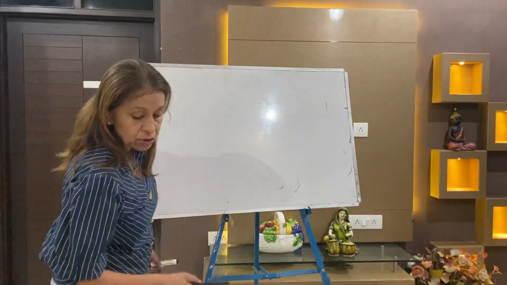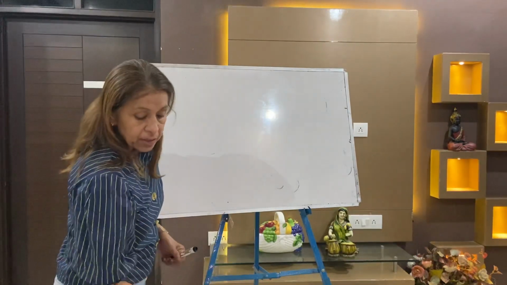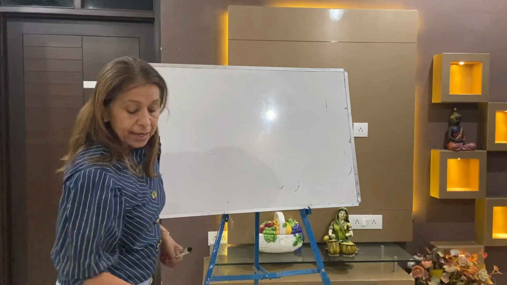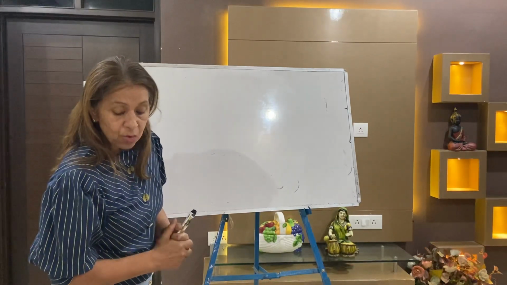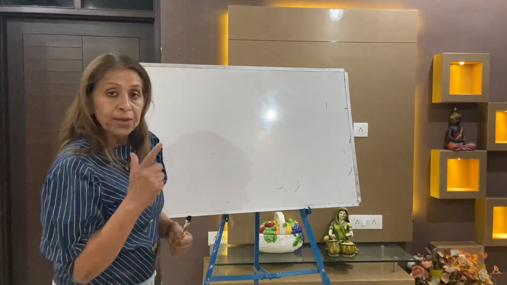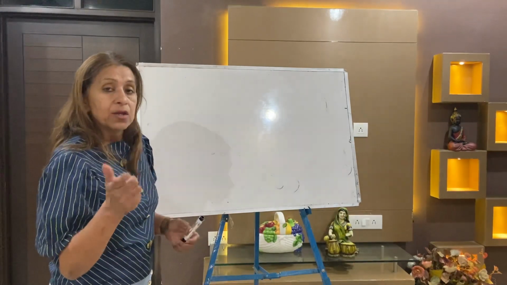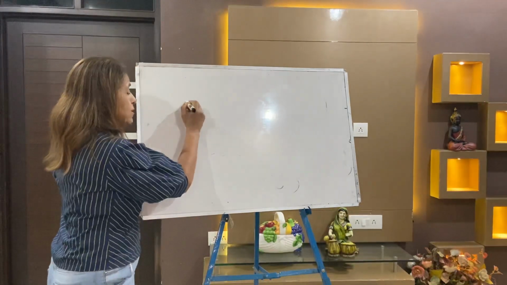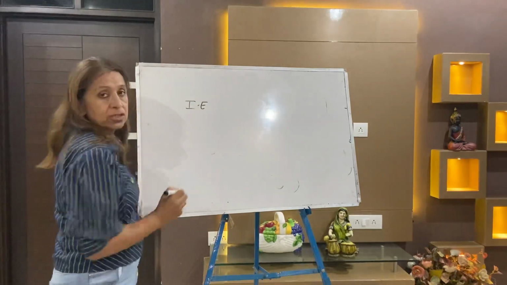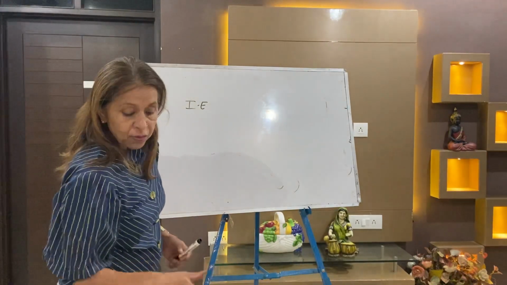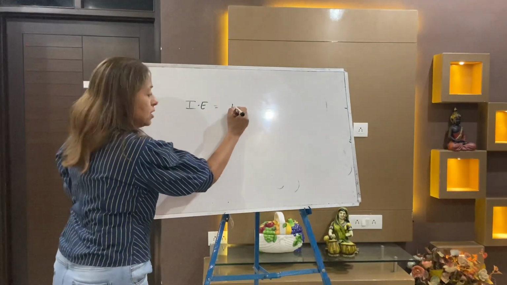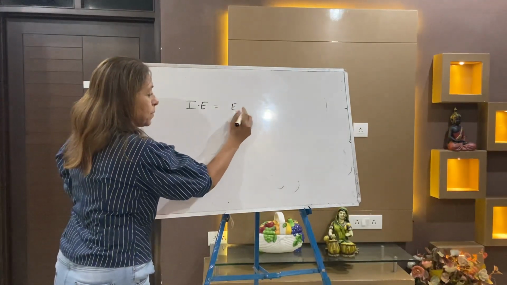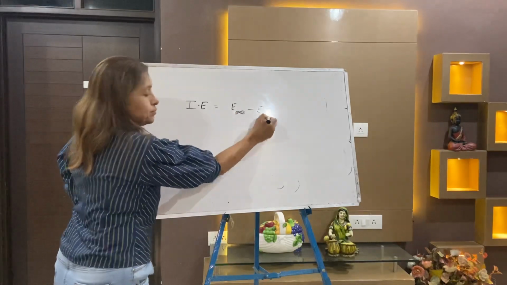Now I'm taking question number 19. The electronic energy is given, it is in joule. The question is, calculate the energy required to remove the electron. That means you will calculate the ionization energy to remove the electron from n is equal to 2. The ionization energy is equal to E infinity minus E2.